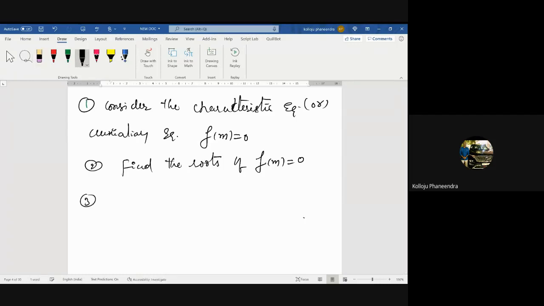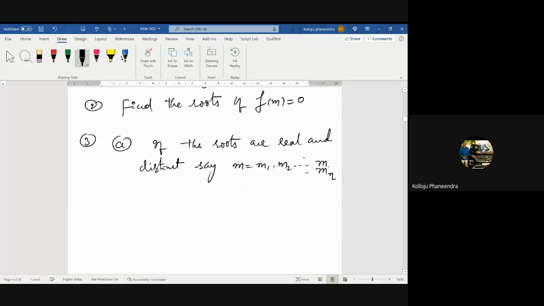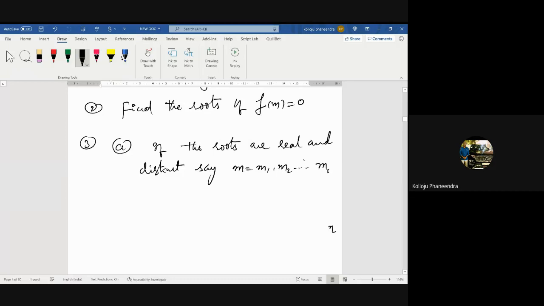Third one. Case A. If the roots are real and distinct, say m equal to m1, m2 and so on, mn, then solution of 1 is y of x equal to, for m1, what I have to write?